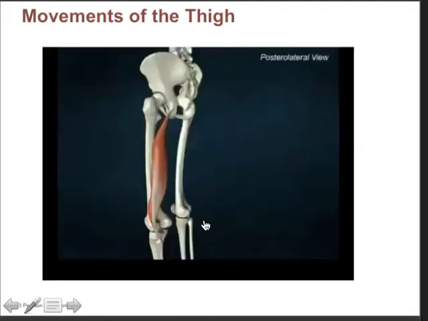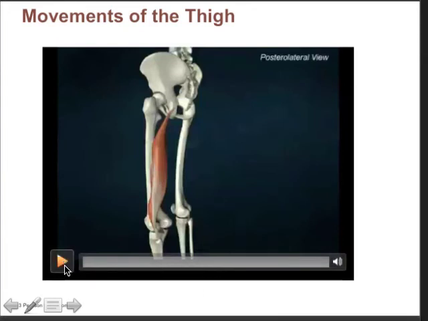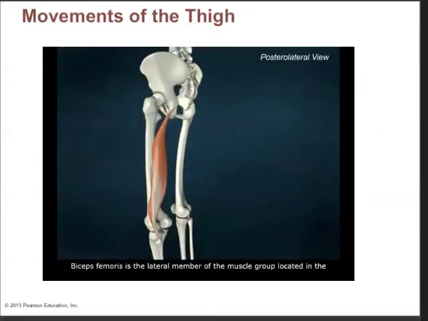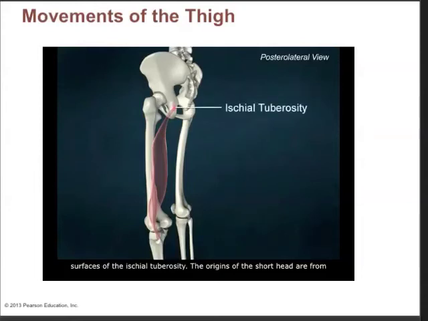So let's take a look at movements of the thigh. Biceps femoris is the lateral member of the muscle group located in the posterior thigh, known as the hamstrings. Biceps femoris has two heads, the long head and the short head. The origin of the long head is by a common tendon with semitendinosus from the superior and medial surfaces of the ischial tuberosity.